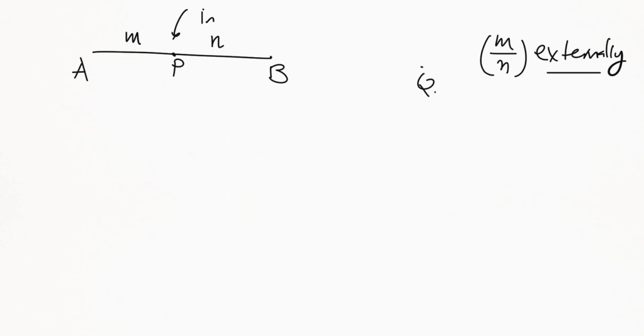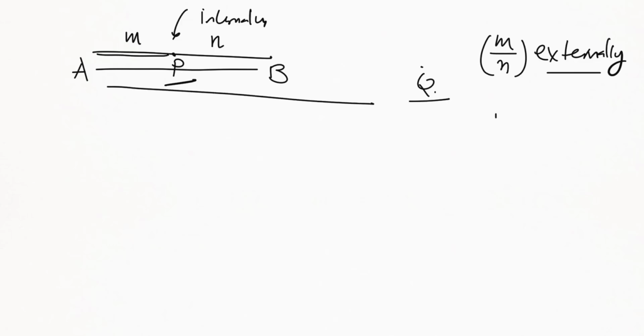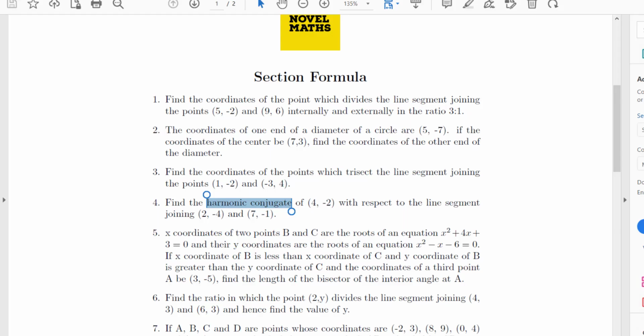This is internally and this is externally. So points P and Q are said to be harmonic conjugate of each other. Why harmonic? If you study harmonic progression, it will be more clear. Where AP, AB and AQ will be in HP, harmonic progression. So let's look into the question.